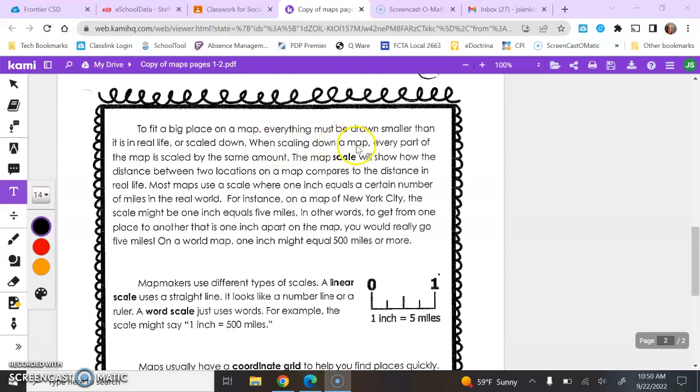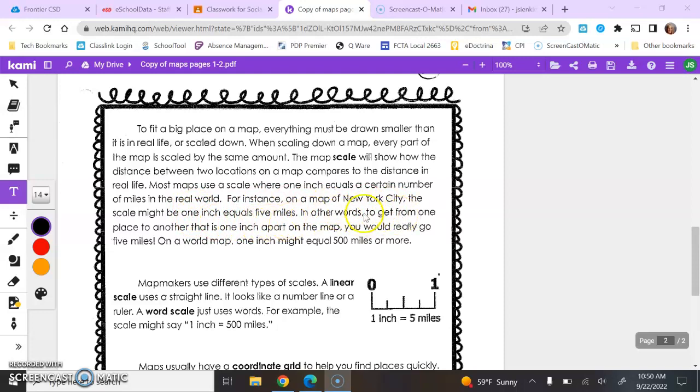When scaling down a map, every part of the map is scaled by the same amount. The map scale will show how the distance between 2 locations on a map compares to the distance in real life. Most maps use a scale where 1 inch equals a certain number of miles in the real world. For instance, on a map of New York City, the scale might be 1 inch equals 5 miles.